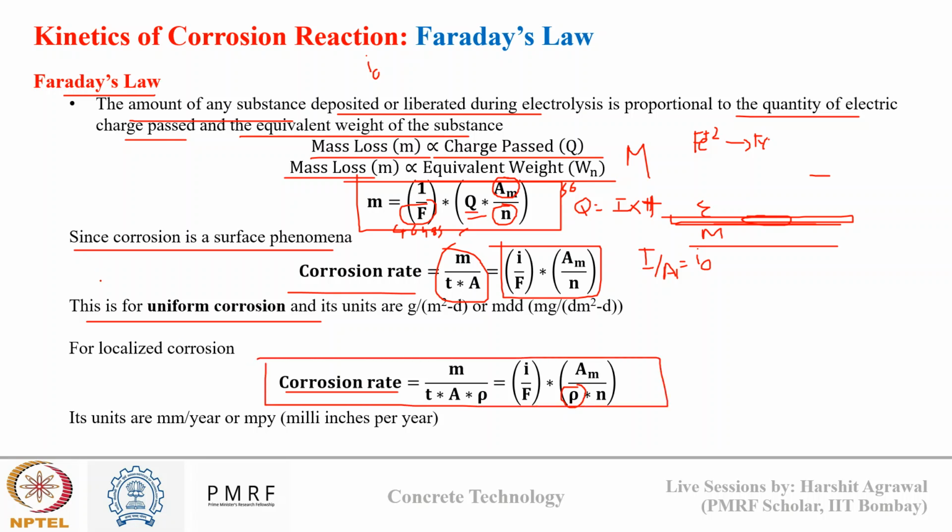The first equation was for uniform corrosion and the second is for localized corrosion. The unit for uniform corrosion is gram per meter square, and for localized corrosion it is generally millimeter per year or milli inches per year. So this Faraday's law helps us to relate current with corrosion rate.